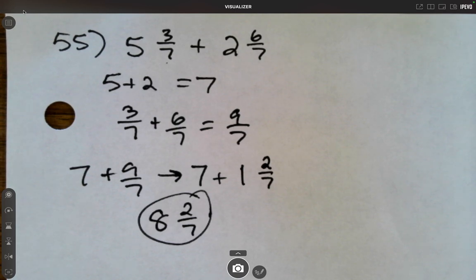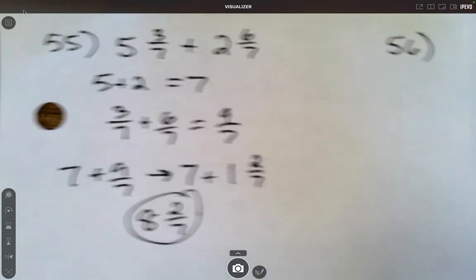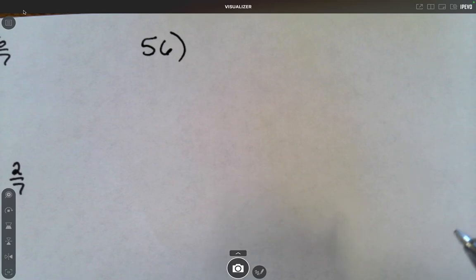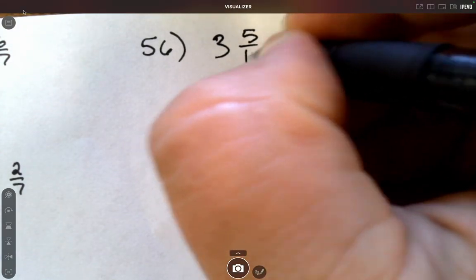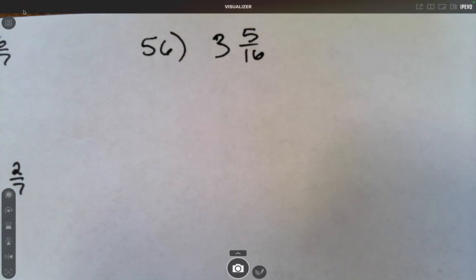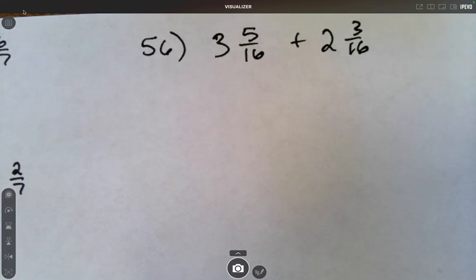Okay, 56. It says Samantha's going to walk 3 5/16 miles today and 2 3/16 tomorrow.